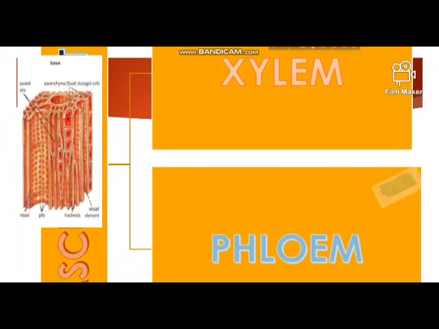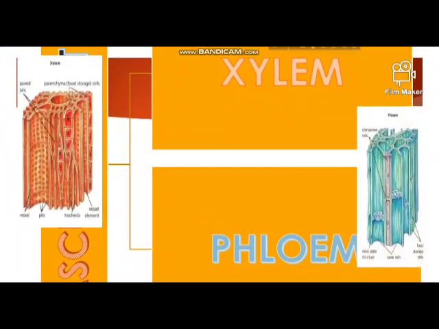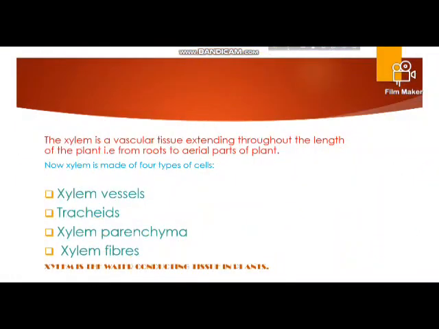What about the xylem? The xylem is a vascular tissue extending throughout the length of the plant, that is, from the roots to the aerial parts of the plant. Now, xylem is made up of four types of cells: the xylem vessels, tracheids, xylem parenchyma, and xylem fibers. Also, the xylem is said to be the water conducting tissue in plants.